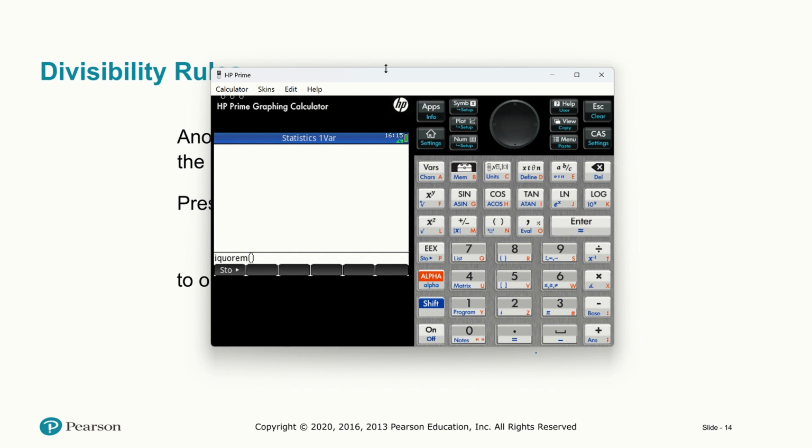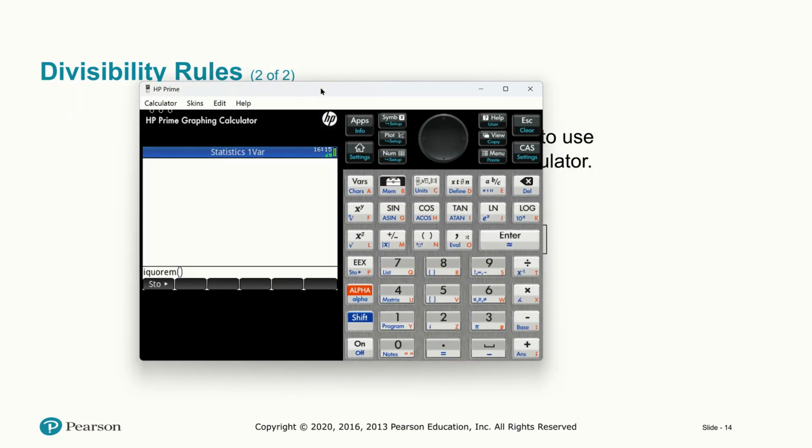So let's say we wanted to do this number, 1734. You put the dividend first, then you put the divisor, and then you hit enter. Now this result is very helpful because it tells you 17 goes into 1734 102 times with a remainder of 0, right?